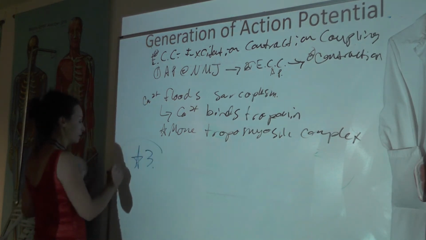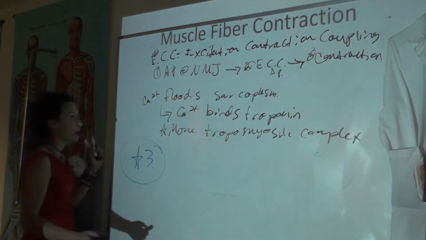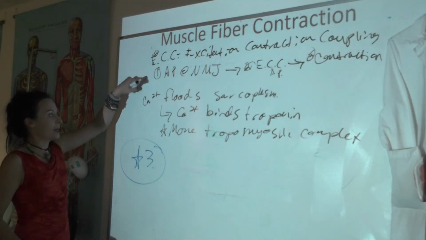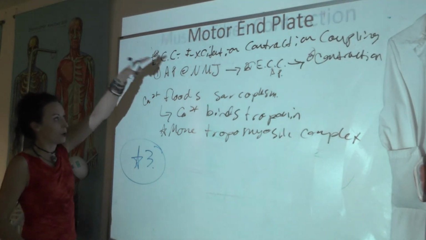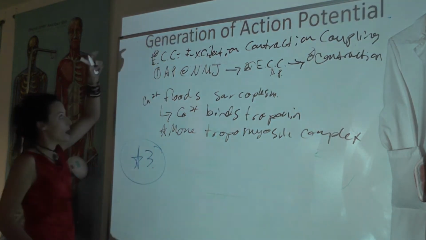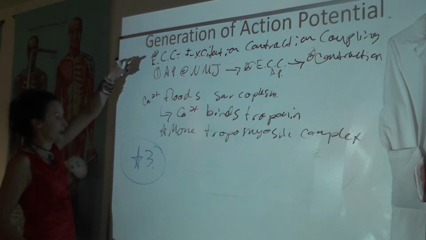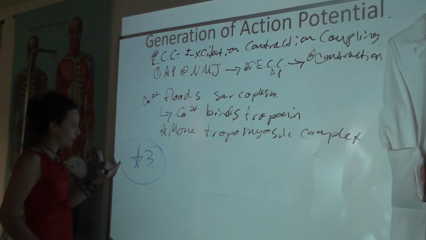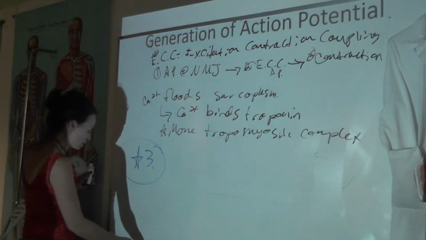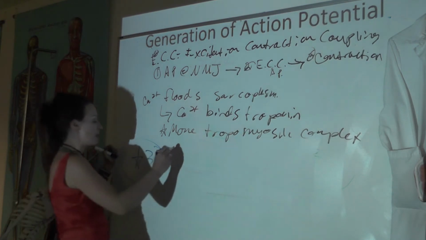The third big important step, because all of this started, even though I'm missing a slide, with muscle fiber contraction. 1, what happened at the motor end plate, at the neuromuscular junction. 2, what happened down the sarcolemma and T-tubules, or the generation of an action potential. And now 3 doesn't have its own slide, but the third most important event in muscle fiber contraction is the cross-bridge cycle.